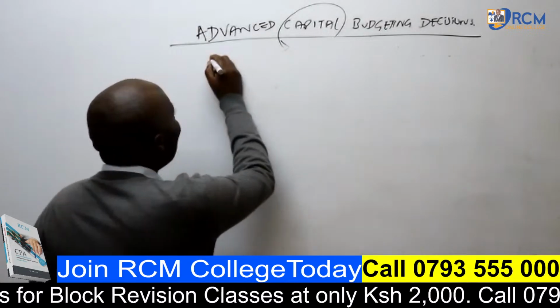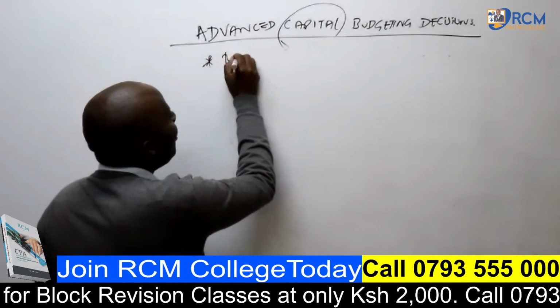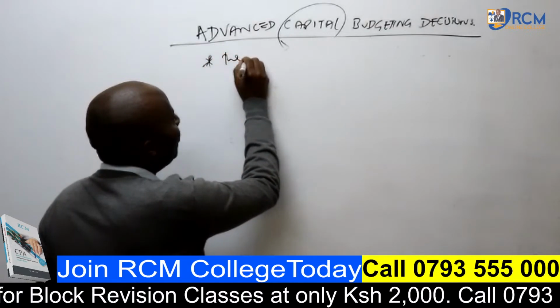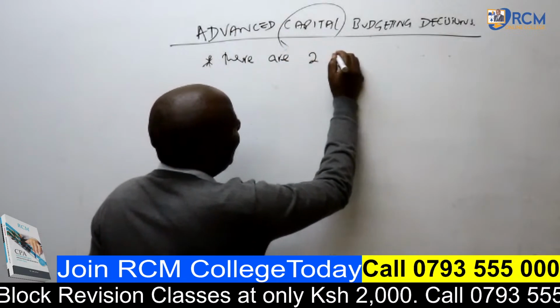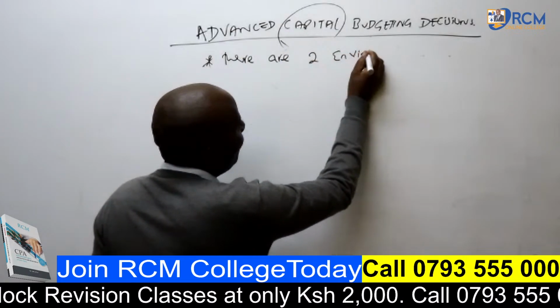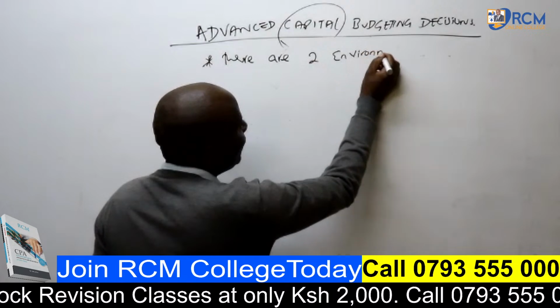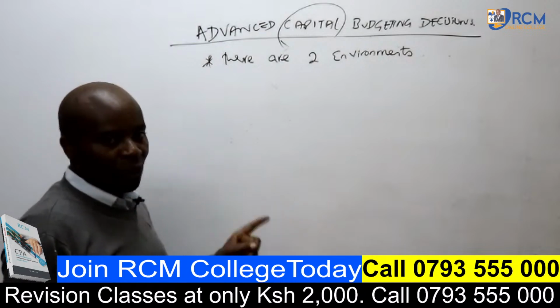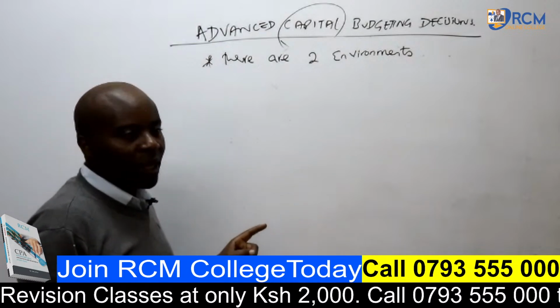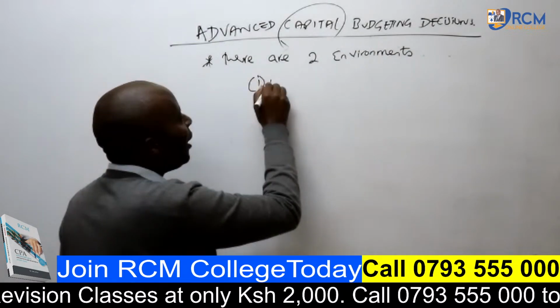Under advanced capital budgeting, there are two environments that you're supposed to know. Number one, we have the environment of risk.